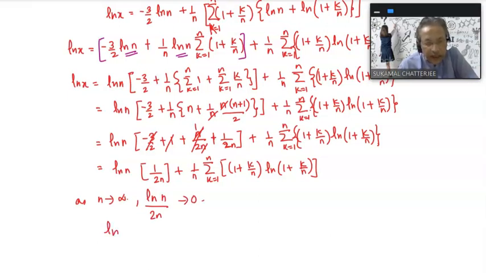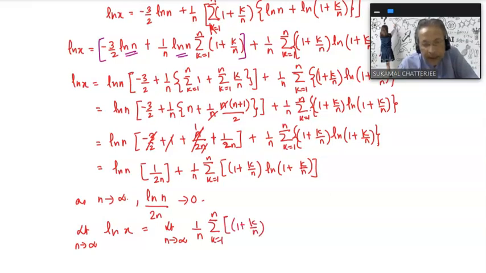So you get limit n tending to infinity of ln x is limit n tending to infinity of 1 upon n times the summation of k equals 1 to n into 1 plus k by n ln of 1 plus k by n.